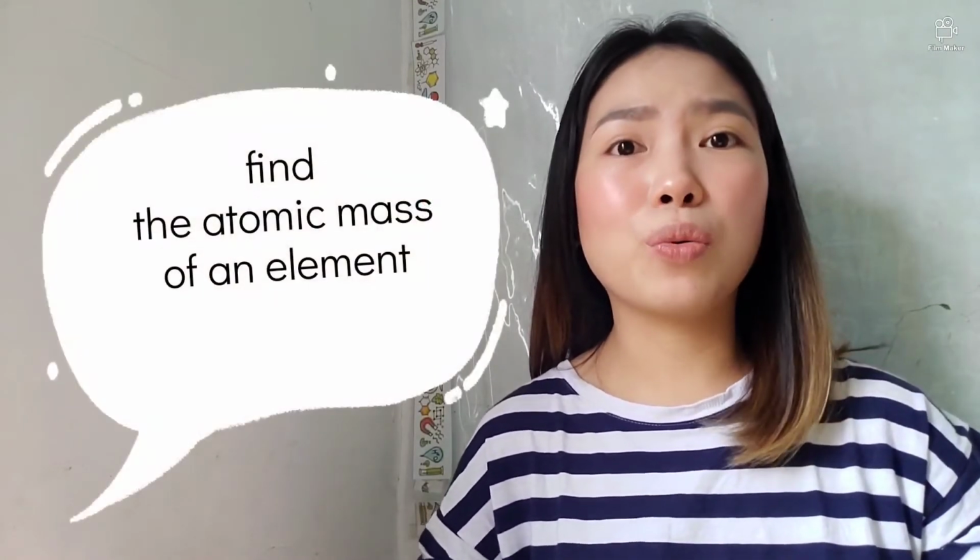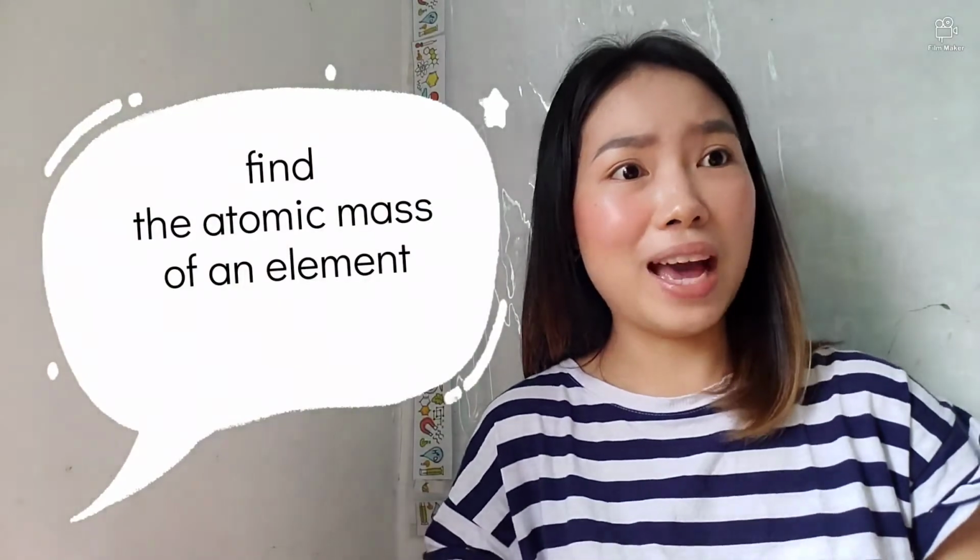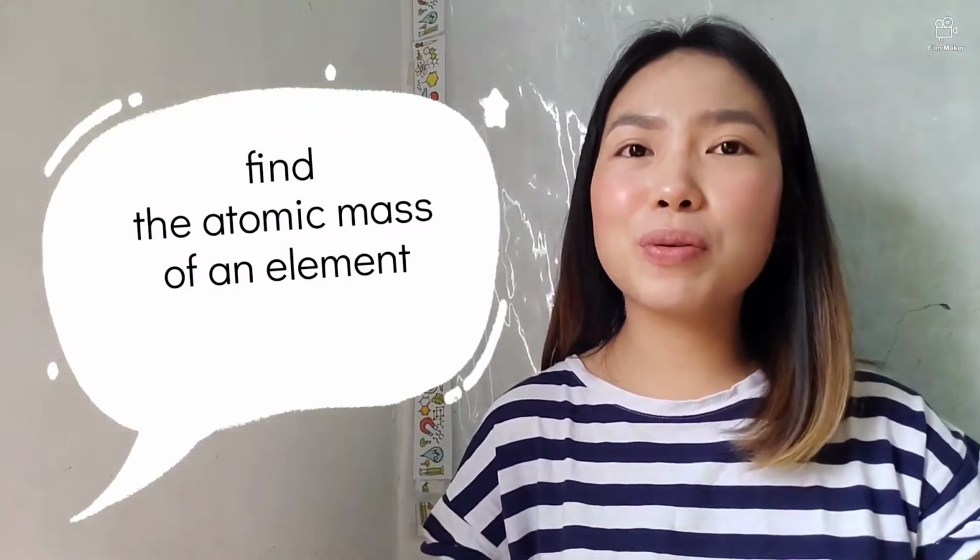The question is, paano kung wala kang periodic table na ginagamit at ang tanong sa'yo is to find the value of the atomic mass. Ibig sabihin, yung mass number naman ang kailangan nating hanapin at wala kang dalang periodic table. So, how can we find the mass number?